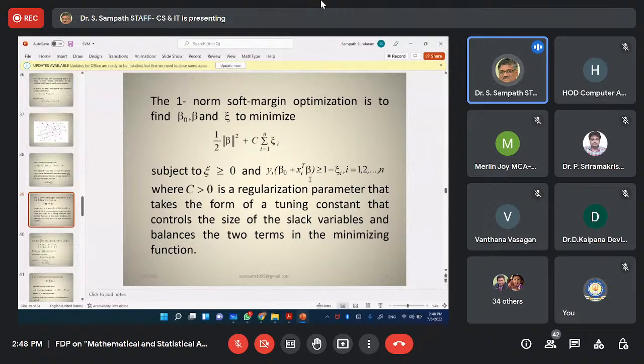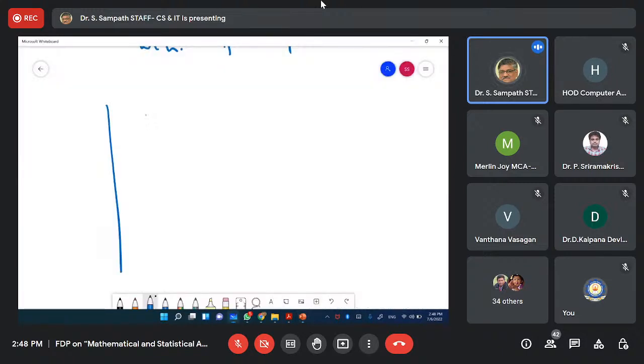So the idea is this: when we have the points in a smaller dimensional space, please listen. Even if you have not understood whatever I told earlier, if you do not understand this particular point, you will not know how we fine tune the parameters in a support vector classifier. Now suppose we have a two-dimensional space.